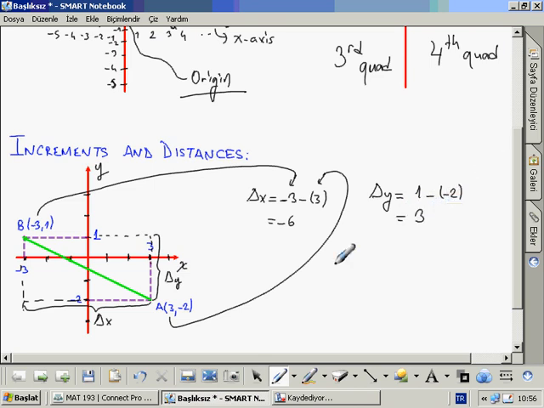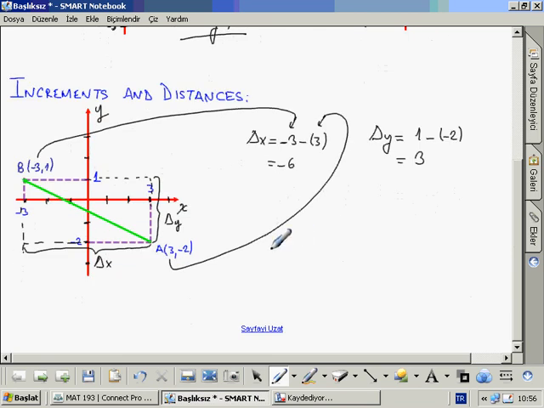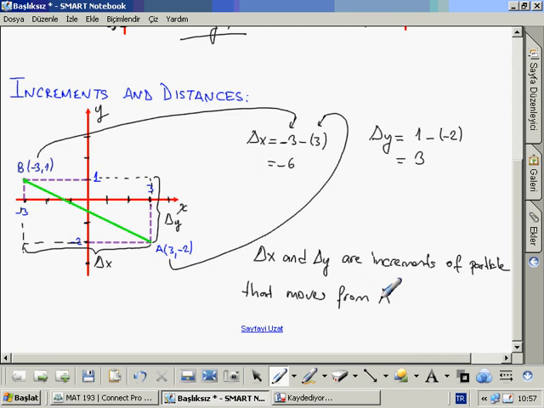The delta X and delta Y are increments of a particle that moves from A to B.